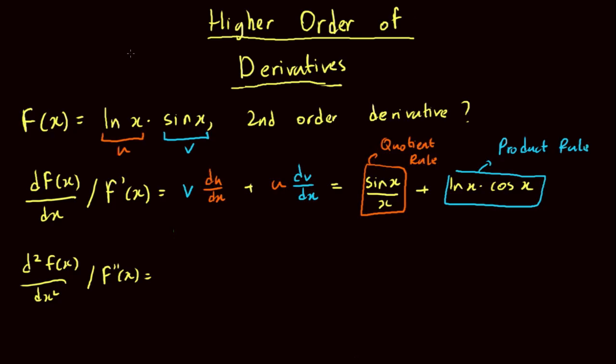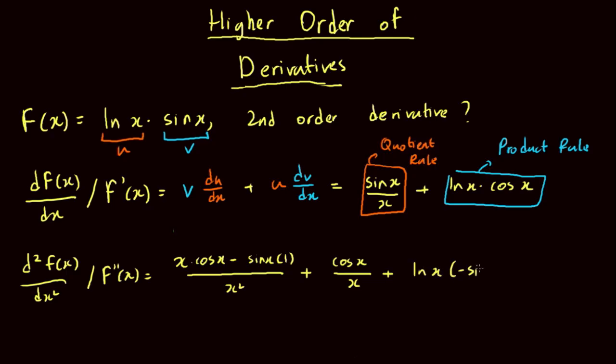so upon differentiating each of the functions individually, you get here v du/dx, which is cosine of x, minus u dv/dx, which is just 1 over v squared, plus v du/dx plus u dv/dx.